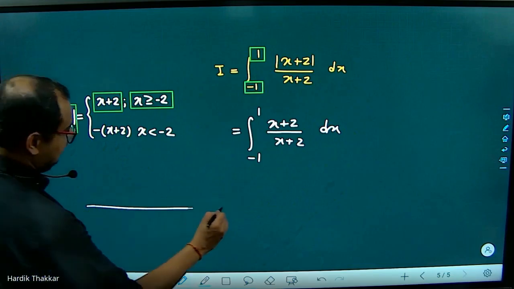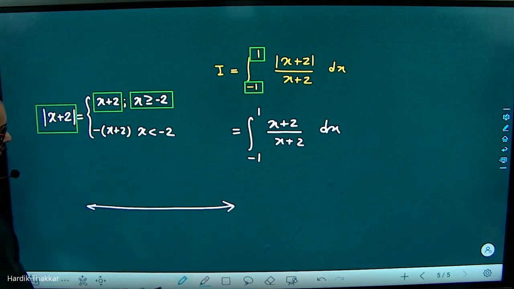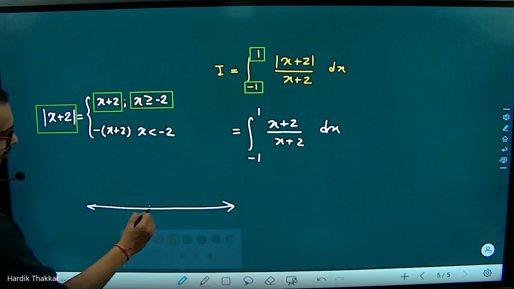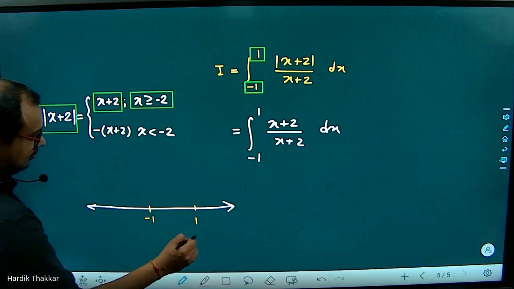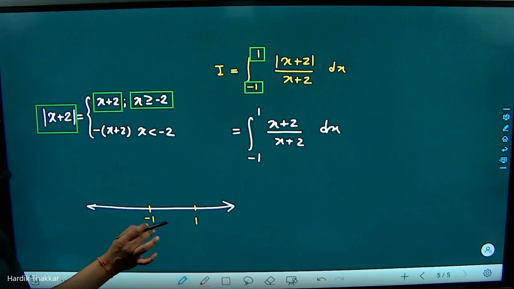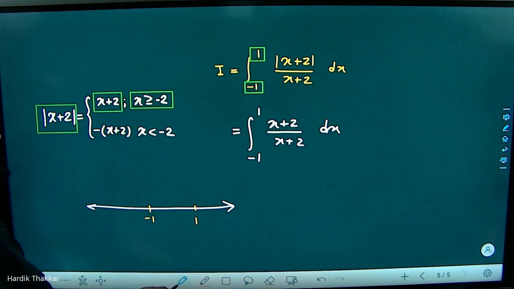Yes. Look, the limits on the number line, first the limits are from minus 1 to plus 1. Okay? Yes, sir. क्यों? एक मिनट रुक जाओ. The limits are from minus 1 to plus 1, and here this critical point is what? It is minus 2.